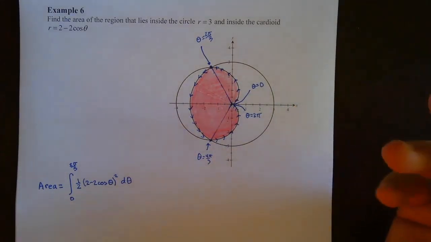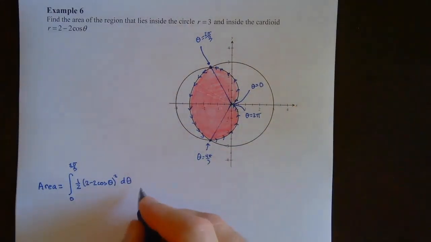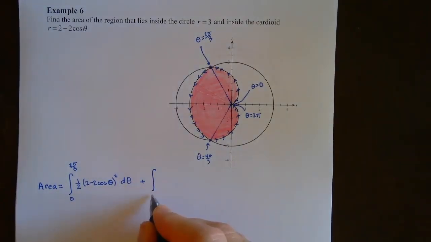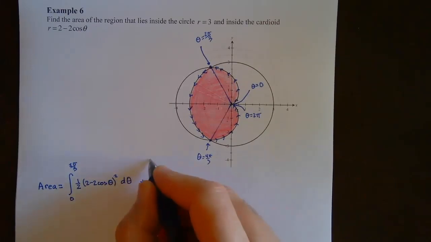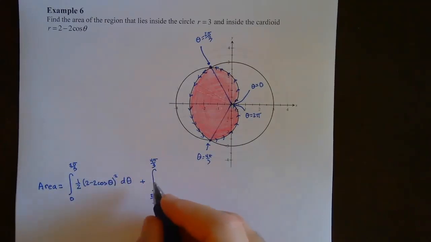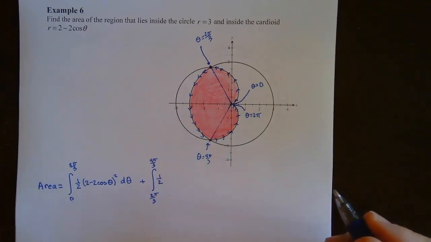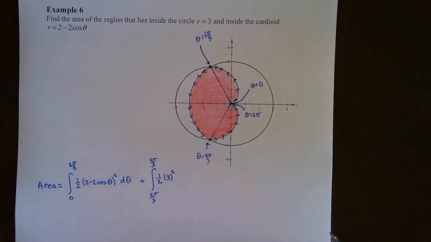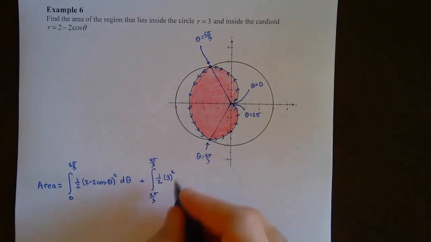You could do it that way. And then plus the integral from 2 pi over 3 to 4 pi over 3 of 1/2 times the radius, which is 3, squared, d theta.